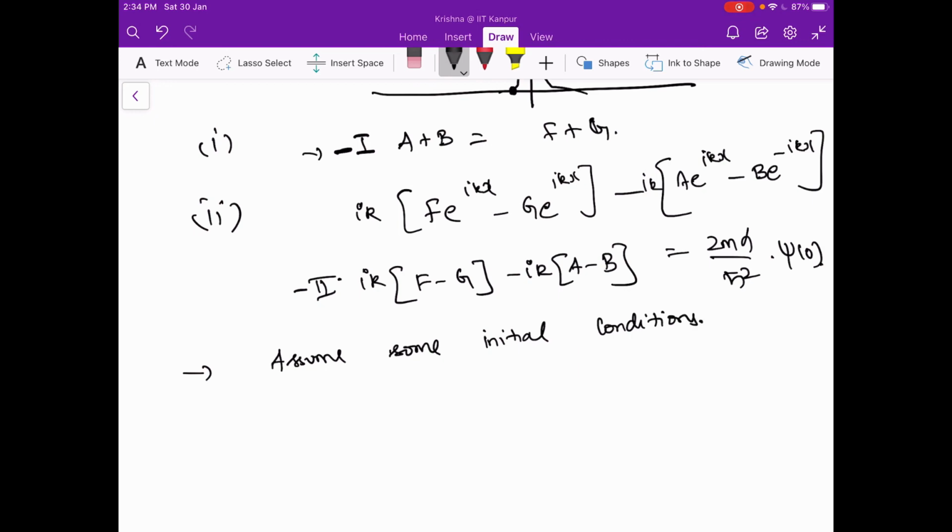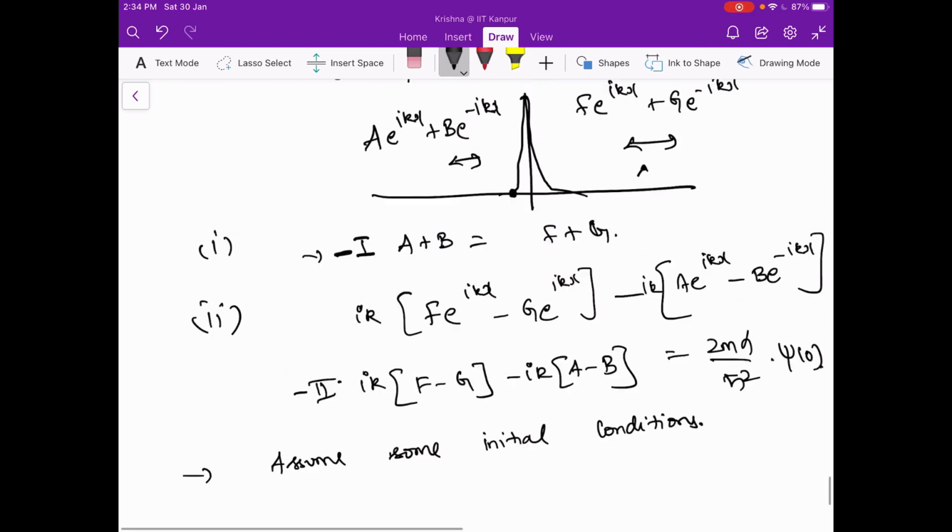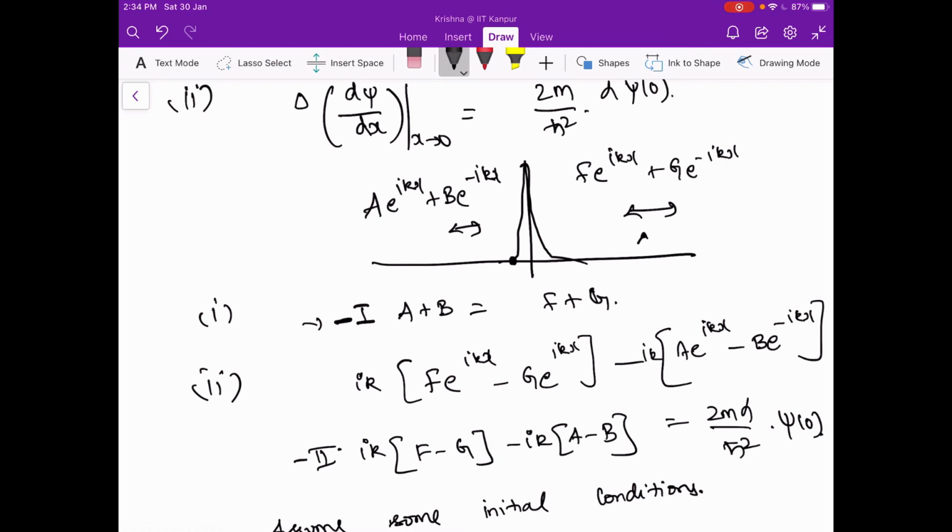Let's assume that the particle is incident on this potential from the left, right? So we have a particle from here, and no particle which comes from the right hand side. Why do we see something like this in typical practical situations? You want to check what happens to the particle trajectory if we have a potential.